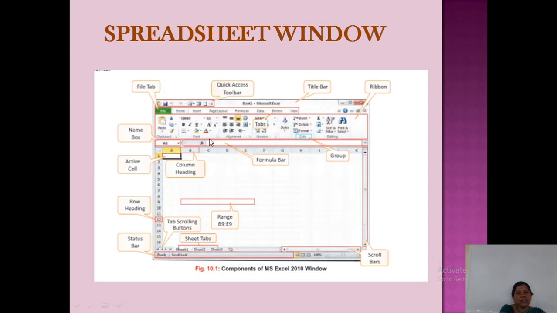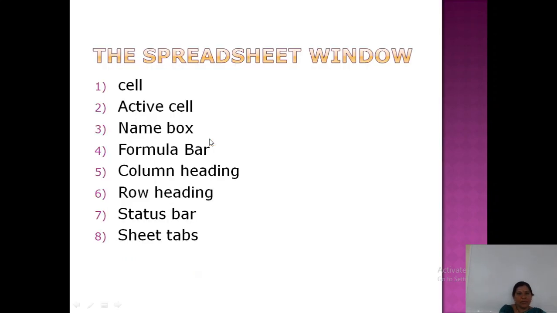Now let us learn one by one the components of the spreadsheet window: cell, active cell, name box, formula bar, column heading, row heading, status bar, sheet tabs, etc.